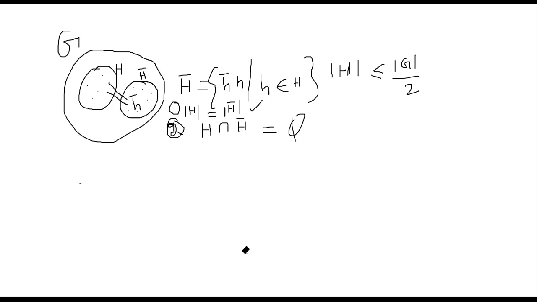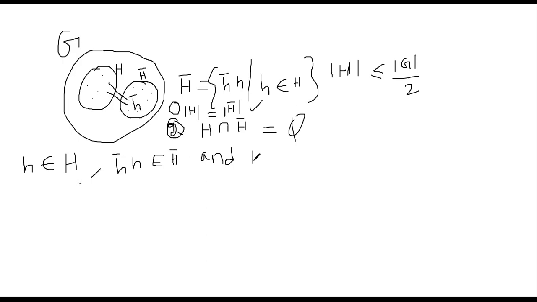Right, let's prove the second part of the theorem, that there is no overlap between the set H and H bar. So in order to prove that, we will use the proof by contradiction technique. That means we assume there is an overlap between H and H bar. What it means for H and H bar to have overlap is, let's assume there exists some element h in the set H, and of course assume that H bar times h is also in H bar and in H. So that's the meaning of overlap, right?